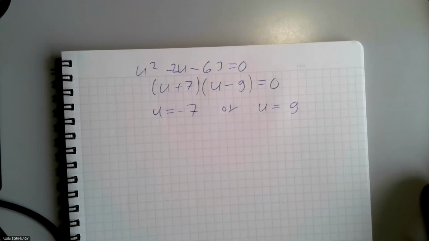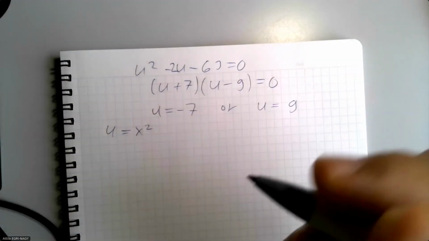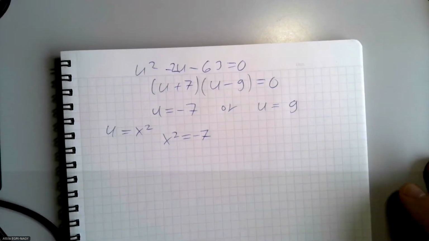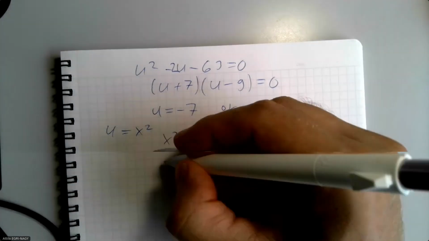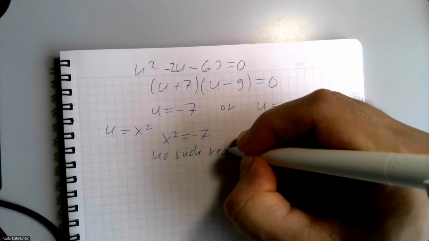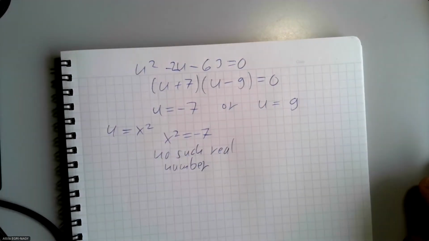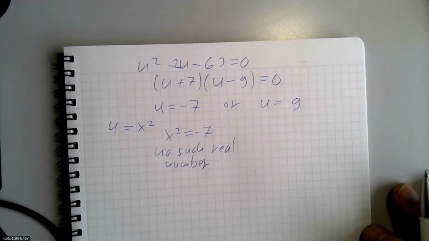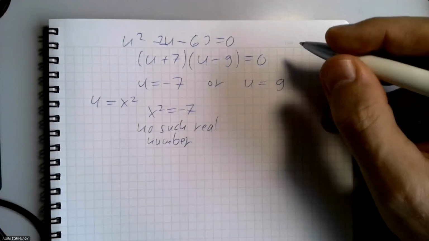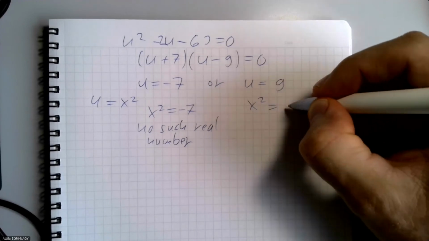So I solved this quadratic, and now I have to remember that u equals x squared. So let's try x squared equals negative 7. That's not possible, there is no such real number. It would certainly work for complex numbers, but we are not doing complex numbers just now. The other one is x squared equals 9.